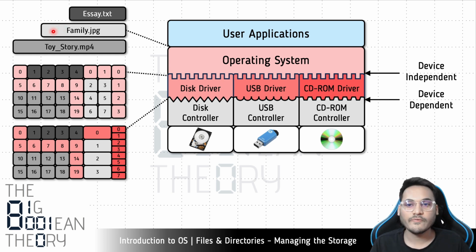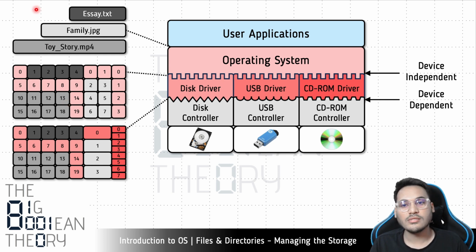Now instead of dealing with block addresses, these files are mapped to the blocks by the operating system. You can see this is the text file. It is mapped on the disk from 1 to 4. This is the image. It is mapped on the USB device. And this is the video file that is again mapped to the disk. So now you don't have to provide these block addresses.